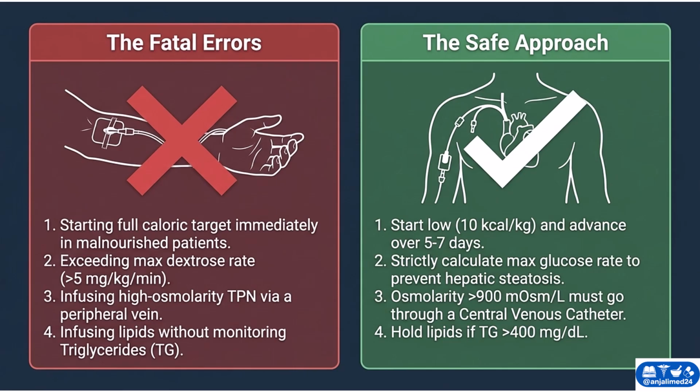Solutions with an osmolarity greater than 900 milliosmoles per liter require a central venous catheter to prevent thrombophlebitis and vein injury. Finally, always monitor serum triglyceride levels during lipid therapy. If triglycerides rise above 400 milligrams per deciliter, temporarily hold the lipid infusion and reassess the patient.